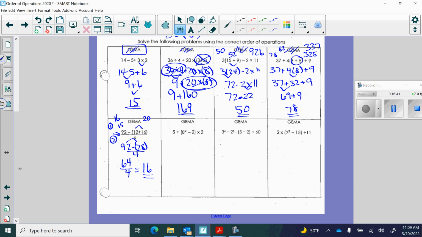Emma? 33? So we have 33. Any other answers? Bella? 129. Nice. Osana, that's what you had? Okay. Sophie? 117? 517. Okay, good. Luna? 38. Good job. Stop talking. JJ? 129?